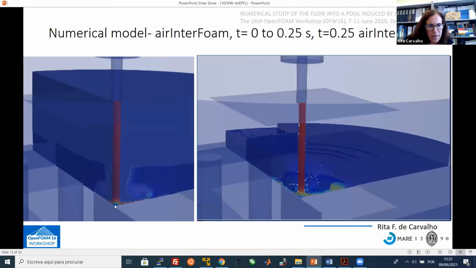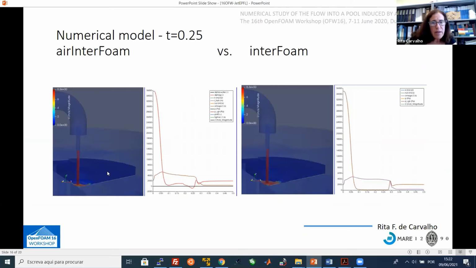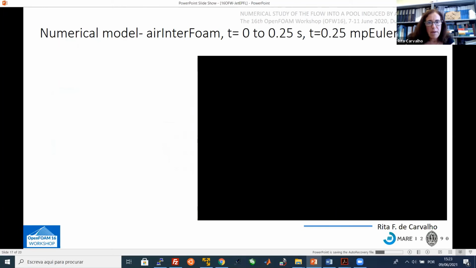And we can see that in interFoam we have some walls that are not air, all this part, but here it is more dissolved and is described better. If we look at the pressure, air interFoam has some differences here. With interFoam we have just a line here.